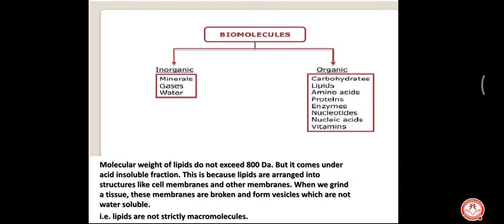This is because lipids are arranged in structures like the cell membrane and other membranes. When we grind a tissue, these membranes are broken and form vesicles which are not water soluble. So that's why lipids are not strictly macromolecules. Sometimes they are considered micro, and most of the time they are considered macromolecules.